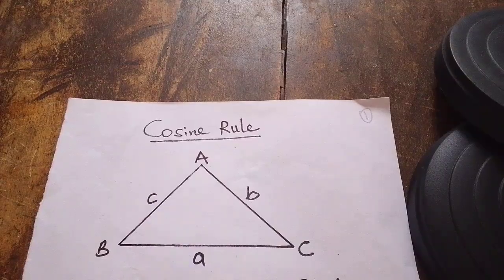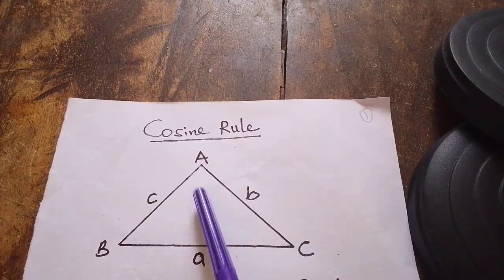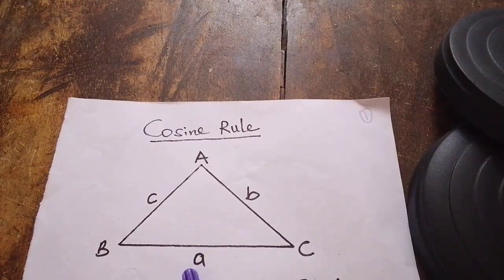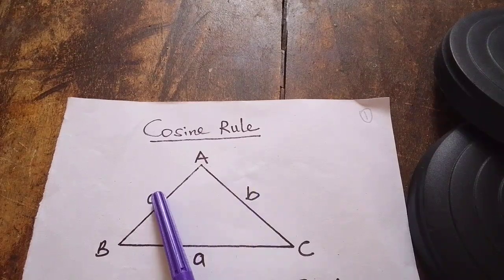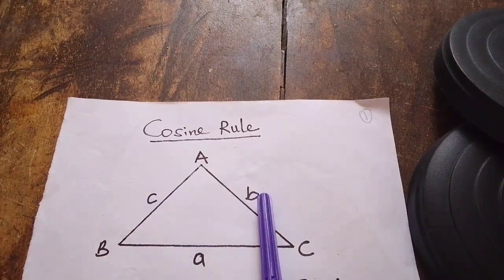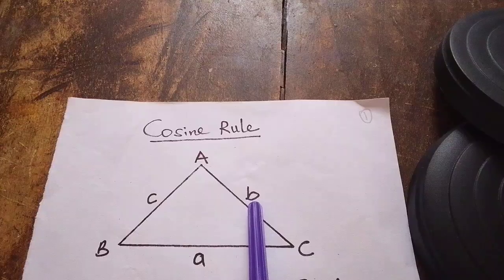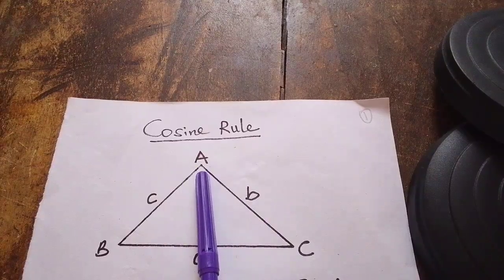Now, the cosine rule states that if we are looking for this side a, the square of this side is equal to the squares of the other two sides minus the product of these other two sides times the cos of this angle.